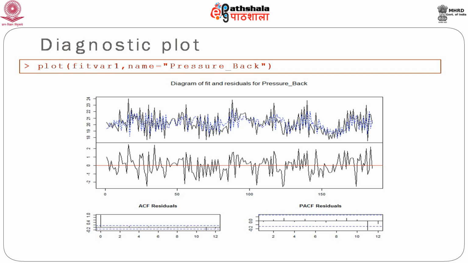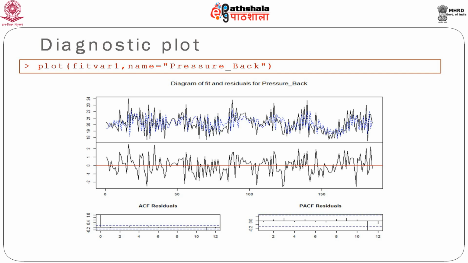Similarly, you can get the diagnostic plot for the pressure at the back of the furnace. If you compare the first plot, the fitted and the raw data time series plot, then you can easily see the fitting was much better for the front pressure than the back pressure.